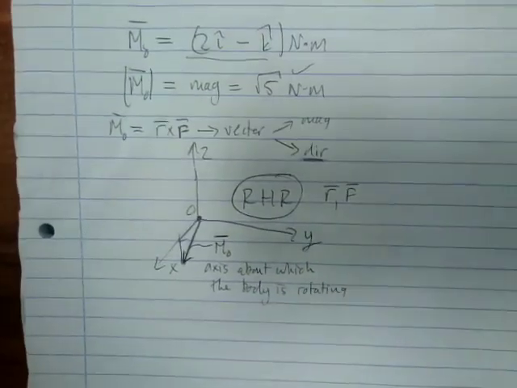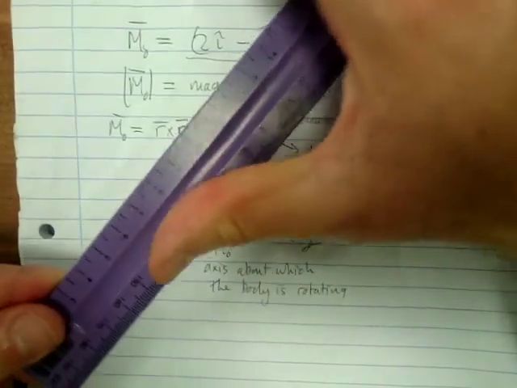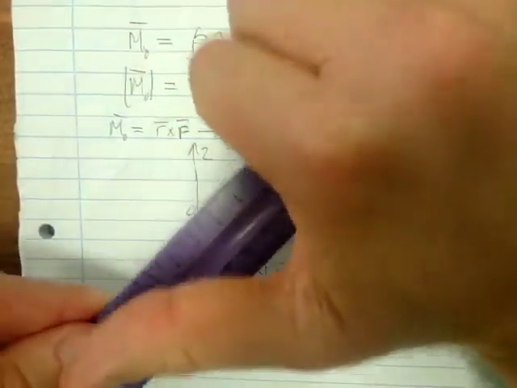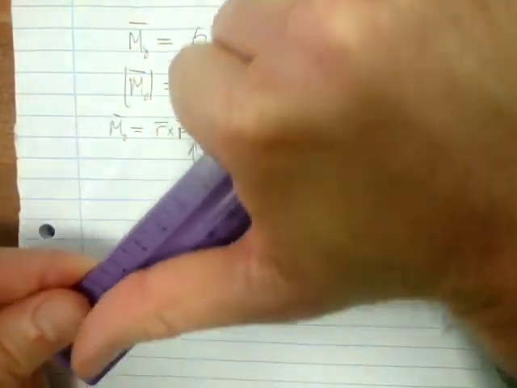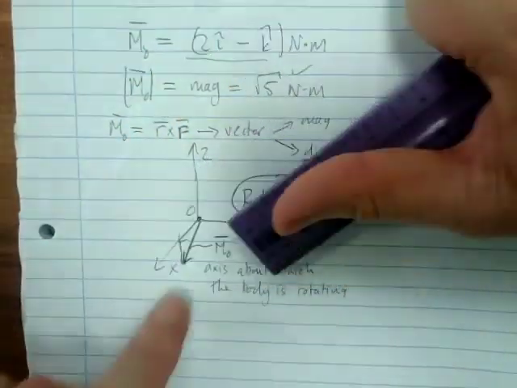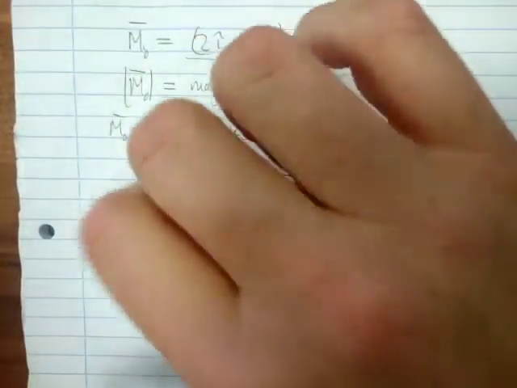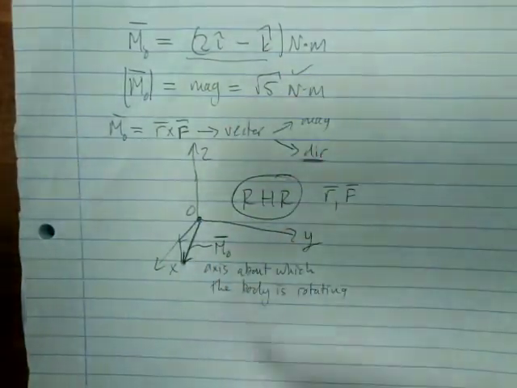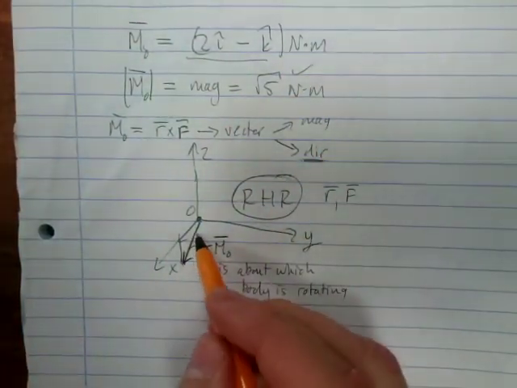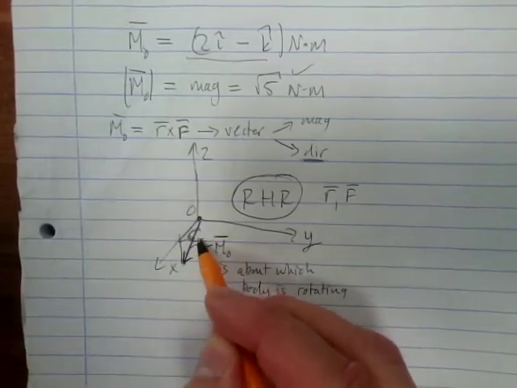Okay? So if this is the axis, my thumb goes in the direction of that axis. My fingers curl around. I hope you can see that. My fingers curl around this axis. My thumb goes in the direction of this axis, and my fingers curl around. The curl of my fingers gives us the sense of direction of rotation. Okay? It's curling, it's going around there.